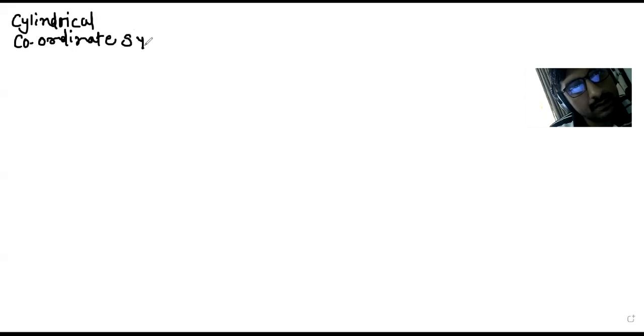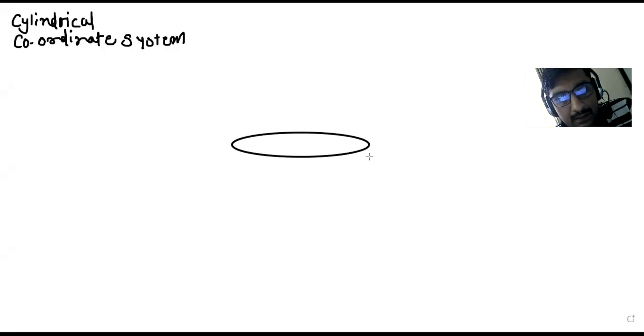Cylindrical coordinate system, right? As the name implies, rectangular means we have a rectangular structure, and we specify a particular point in free space with respect to that rectangular graph. Here also we have the cylindrical coordinate system, where we can imagine a cylindrical structure.